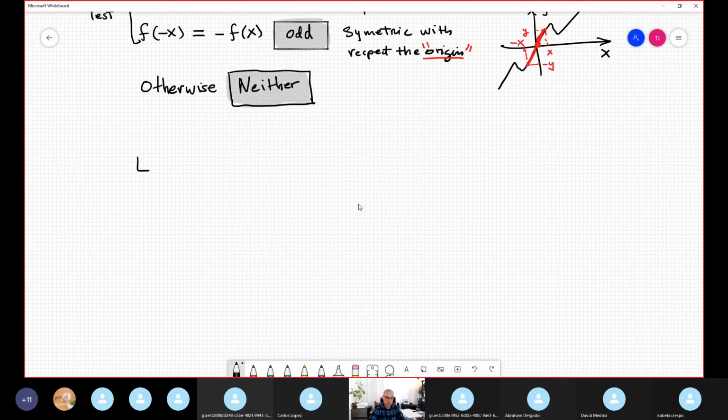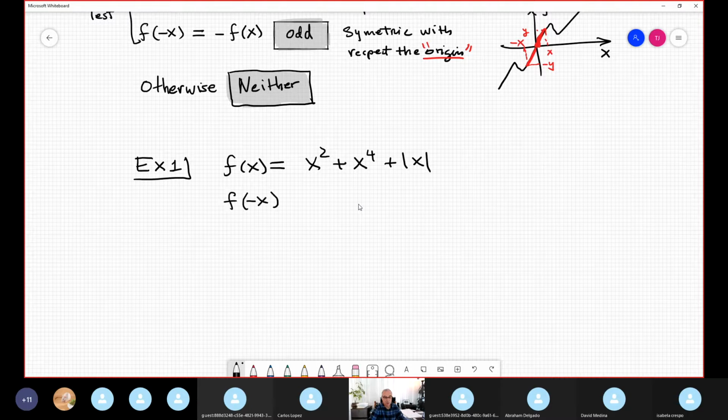Suppose this example. Example 1, suppose the function is given, x squared plus x to the 4th power plus absolute value of x. And you need to test the symmetry in this function. Okay, let's do it. You replace x for negative x: negative x squared plus negative x to the 4th power plus absolute value of negative x.